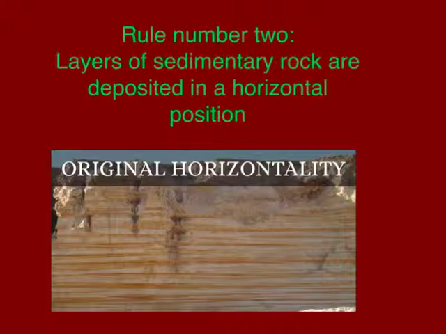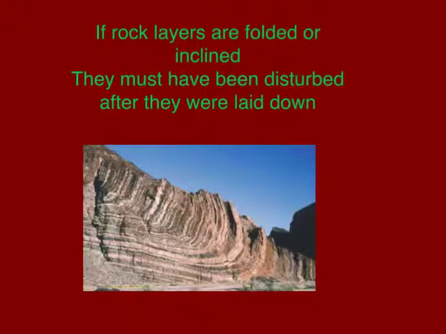They call that original horizontality. Using these rules, we can figure out that if a rock layer is folded or inclined, like this here, it must have been disturbed after it was laid down, because it was laid down horizontally and then something happened to uplift it or fold it.